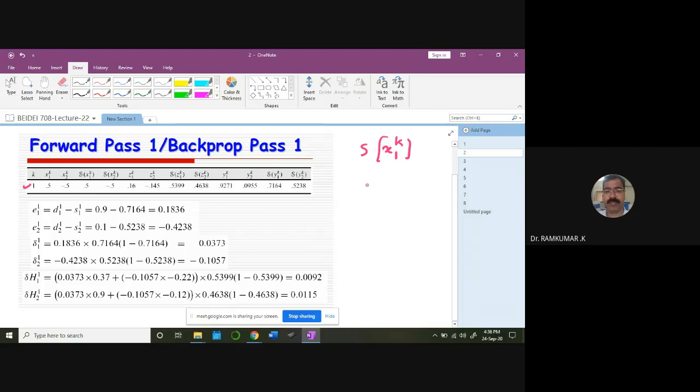How do you compute this value? Can somebody help me out? 1 by 1 plus e power minus x1? Are you sure? Go through the algorithm and tell me, Pavani, clearly.